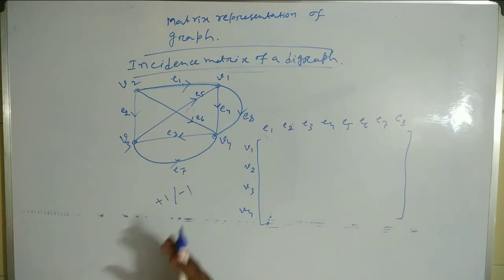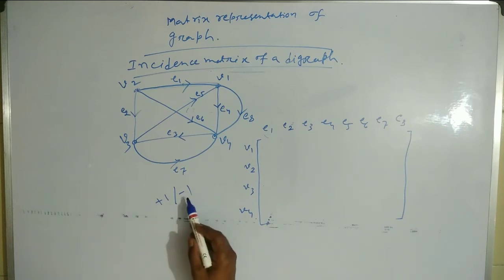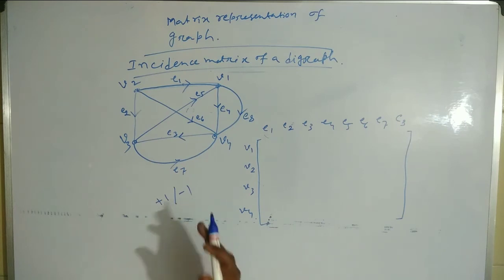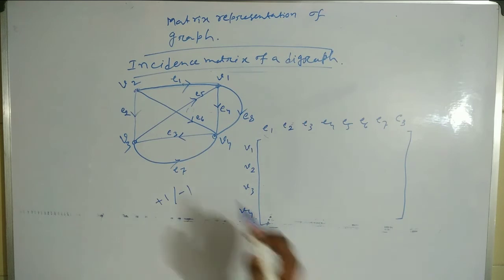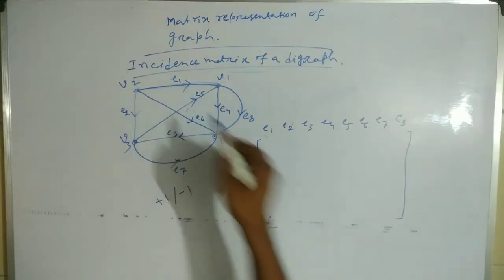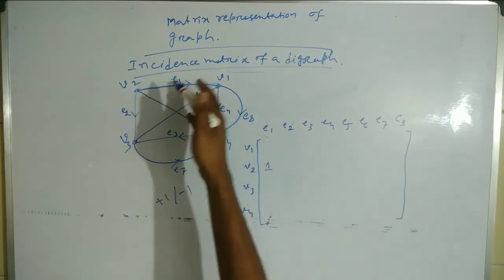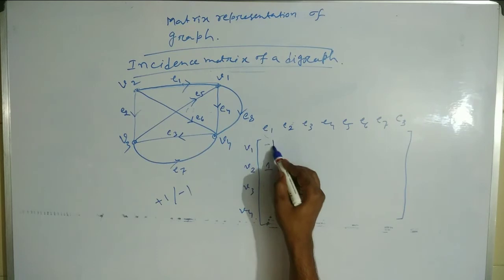You have to put +1 in that vertex from which the edge is going out, and you have to put -1 in that vertex into which the edge is going. So here E1 is going out from V2, so you have to put +1, and E1 is going into V1, so you have to put -1.